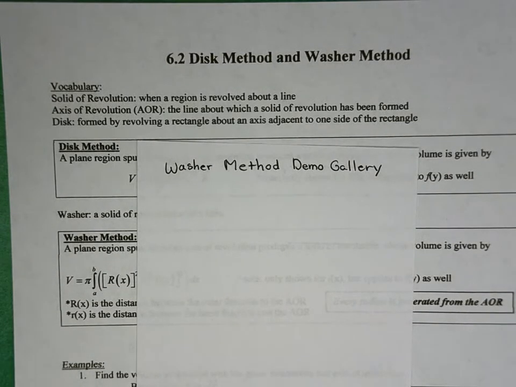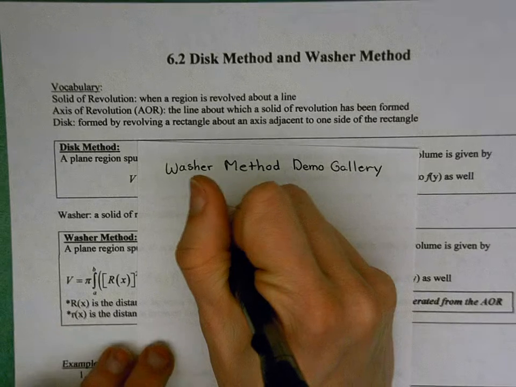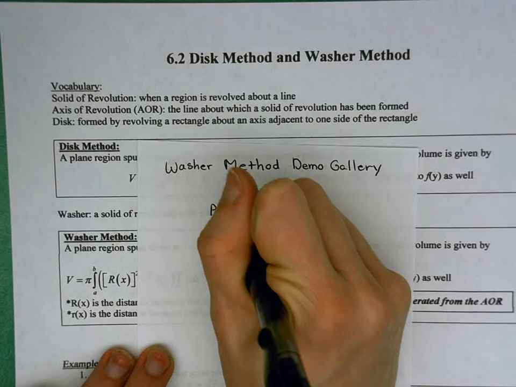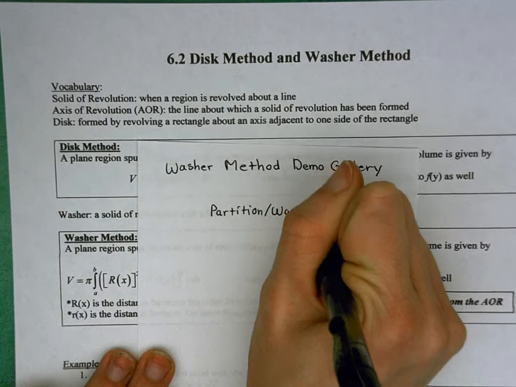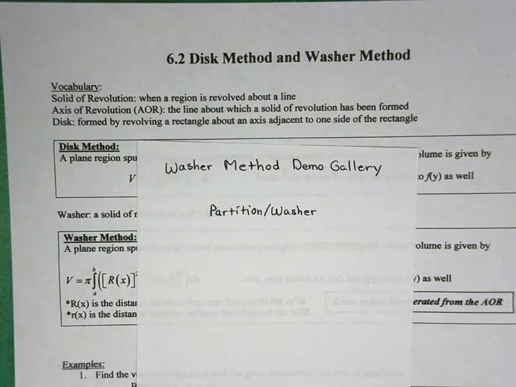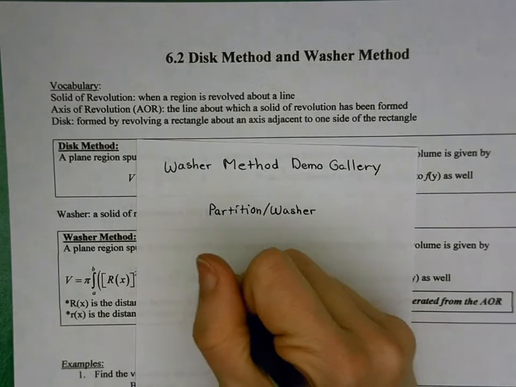And I showed the first link, and I clicked on animation under partition/washer. And it just gives you a picture of what we're doing, because 6.2, we're taking our curve that we've been calculating, right?